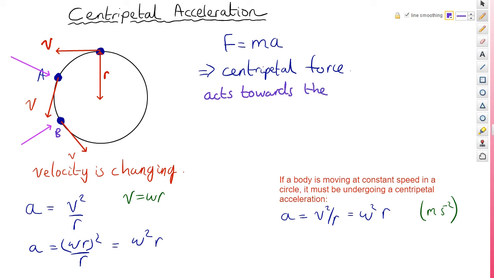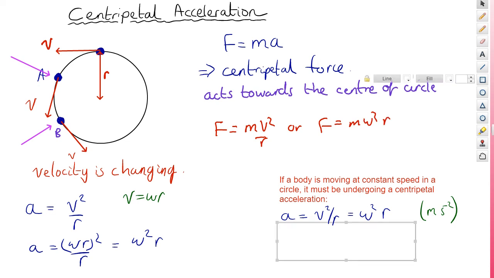And of course, because F equals ma, we can write an equation for that. So we can say that F equals m times v squared over r, or F equals m omega squared r. So we can summarise that bit down here as well.